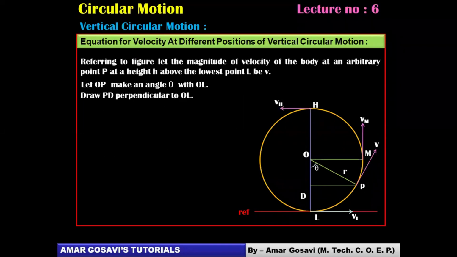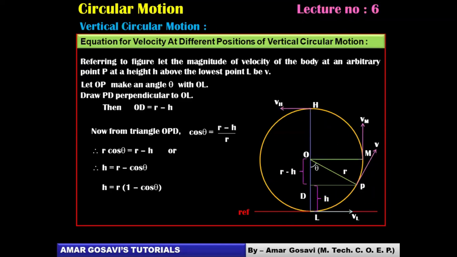Let's have some geometrical work done over here. So please concentrate. Say, for example, if this is R, and this entire thing is again R, and if this height is H, then the remaining height will be R minus H. So this is how we work out the geometry over here.